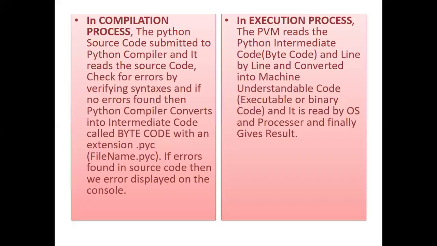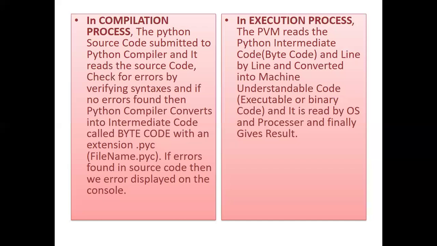What is the difference between the compilation process and the execution process? In the compilation process, the Python source code is submitted to the Python compiler, which reads the source code, checks for errors, and verifies the syntax. If no error is found, the compiler converts it into intermediate code called bytecode with the extension .pyc.